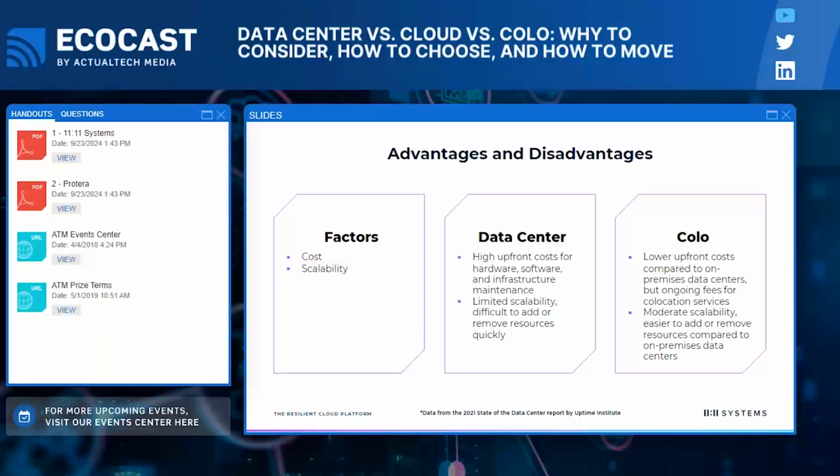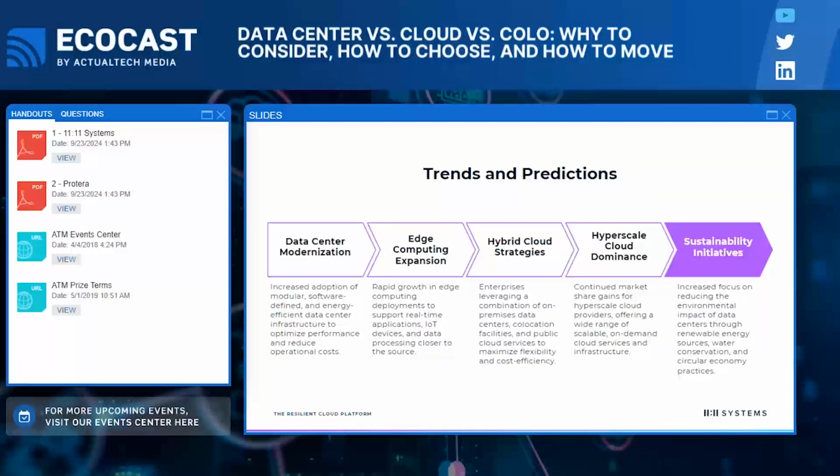Some of the challenges are high upfront costs, limited scalability, and management overhead. With co-location, you have lower upfront costs and scalability. Some of the challenges are shared infrastructure and ongoing costs. Those are some of the advantages and disadvantages of co-location.